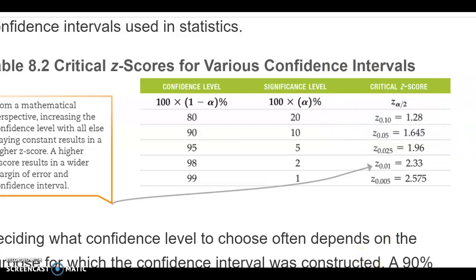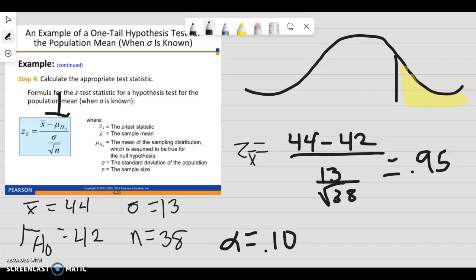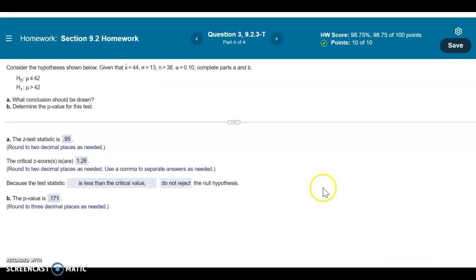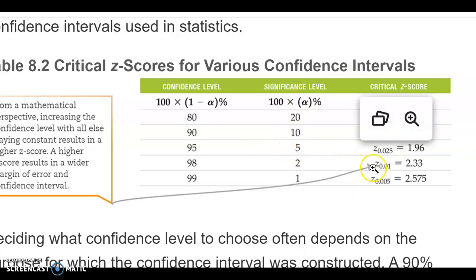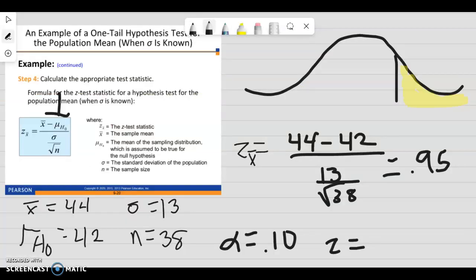Okay, so our critical value for Z, and I want to double check this just to make sure, 0.10, and then over here, if we go to 0.10, which is the first one, it's 1.28. So our critical value is 1.28.